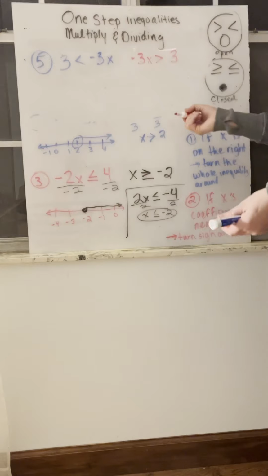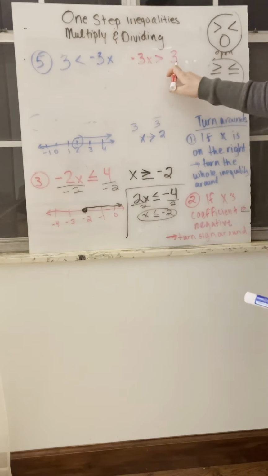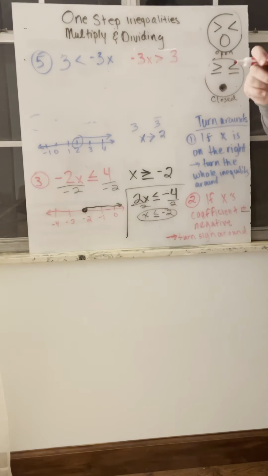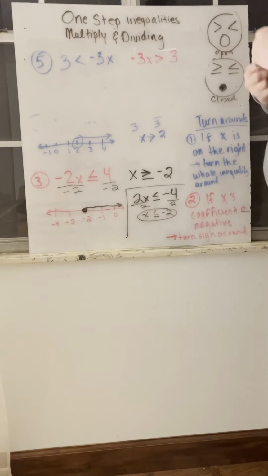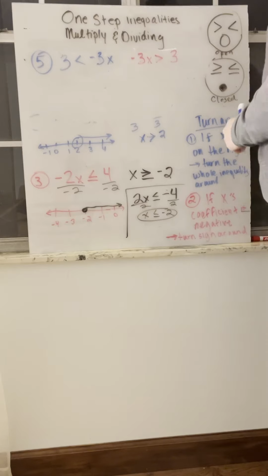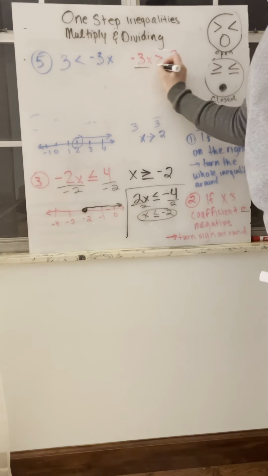Now the second turnaround rule comes after we divide. Our coefficient's negative, so that means the sign will flip now. I'm going to divide both sides by -3.